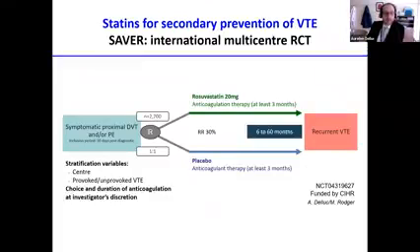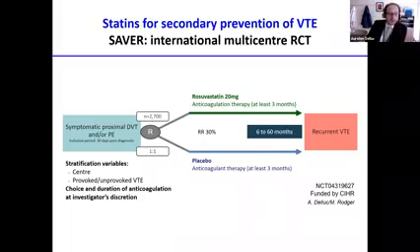2,700 patients with asymptomatic proximal deep vein thrombosis or pulmonary embolism who will be randomized between receiving rosuvastatin 20 milligrams once a day as an adjuvant therapy to anticoagulation at least 3 months or to receive placebo on top of the standard therapy.